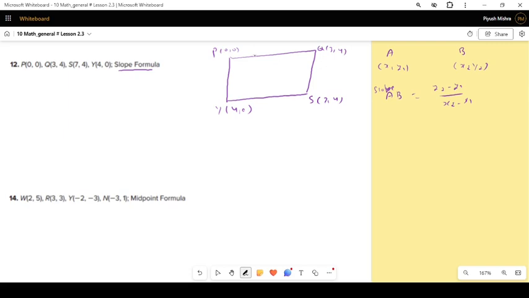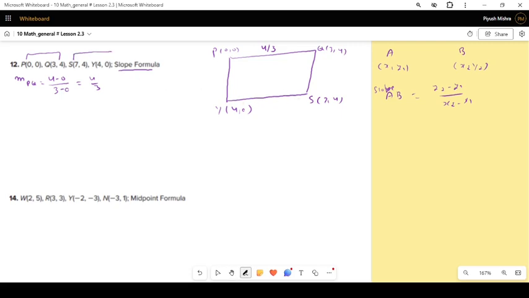Firstly, the slope for PQ. Using the formula, I will be writing 4 minus 0 upon 3 minus 0, which is equal to 4 by 3. So here I have got the slope is 4 by 3. Next I will be finding out for SY, the down one.